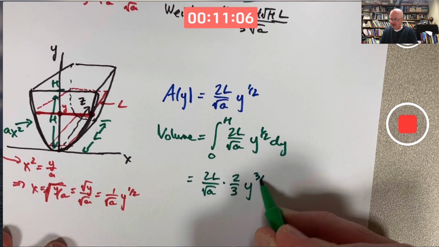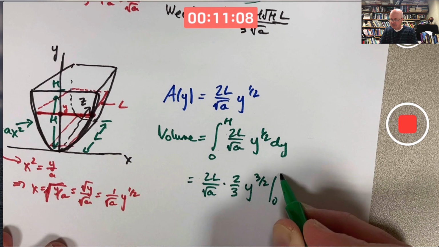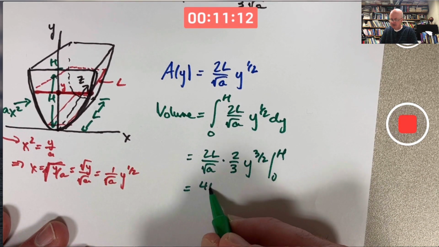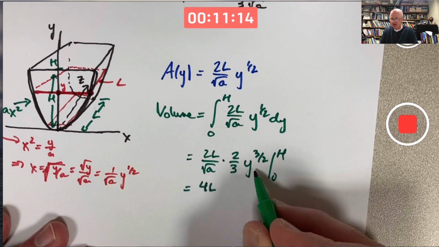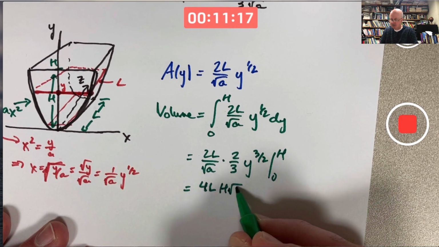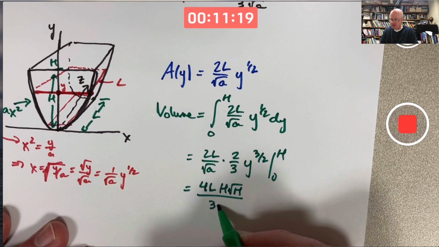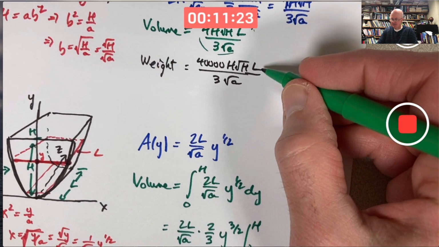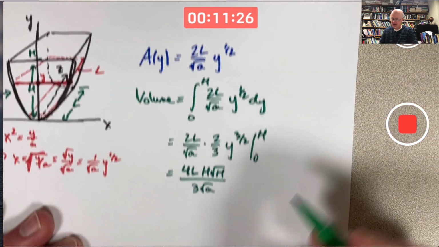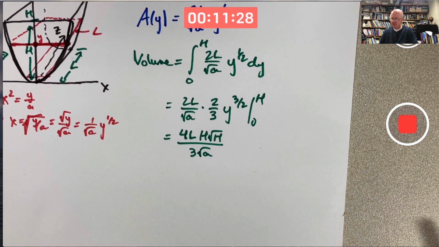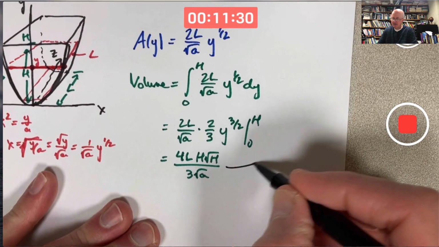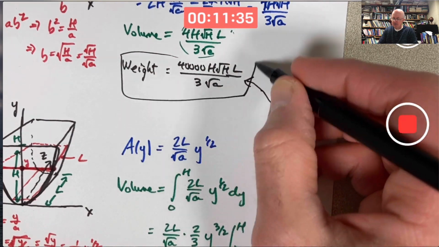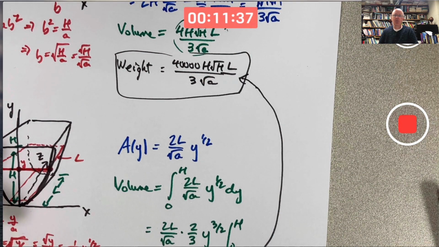Oh yeah, now you can see it coming together. 2 times 2 is 4, 4L, there's our 4. h to the 3/2 is the same as h times square root of h, all divided by 3 square root of a. I put the L over there instead of over there, but it is the same as this right there. And that gives us the same final answer. I won't rewrite it for the weight. Multiply by 10,000. There we go. That is the maximum weight that the boat can hold.